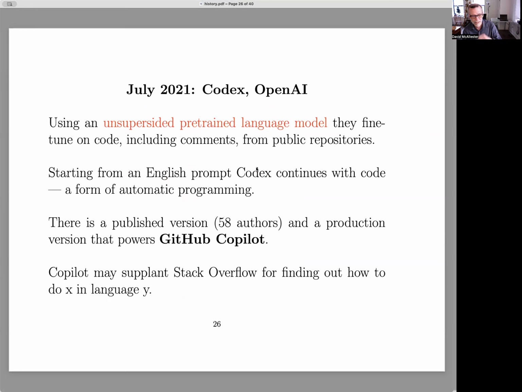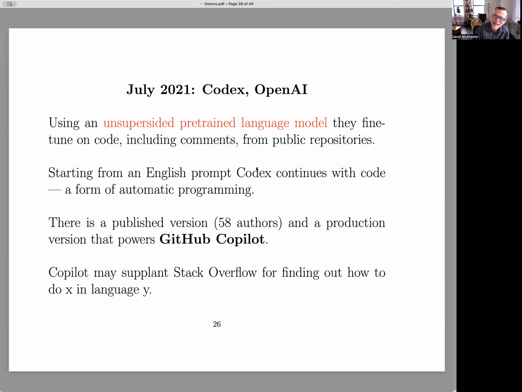So there's a nice demo of Codex from this era where Ilya Sutskever and a couple other researchers are just telling the system to build an app, and they're showing you the app run as they're telling it in English what they want the app to do, and Codex is writing code for the app. That demo is a little misleading. I think they prepared it ahead of time, and it doesn't really work that smoothly.